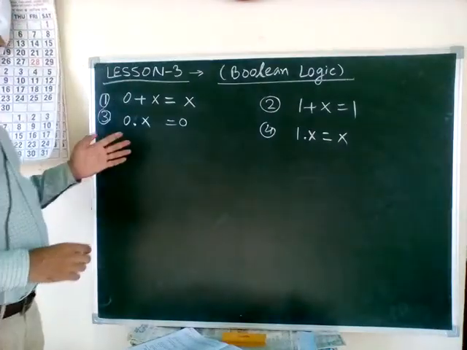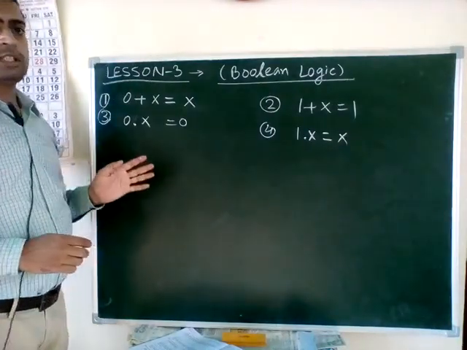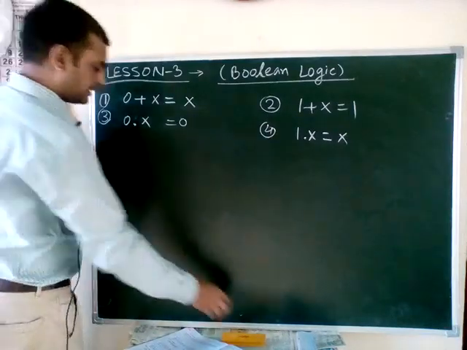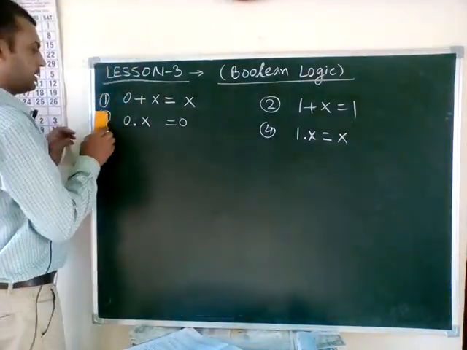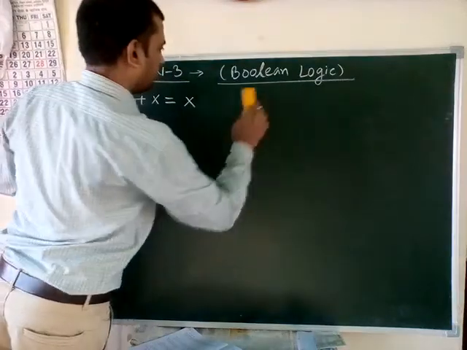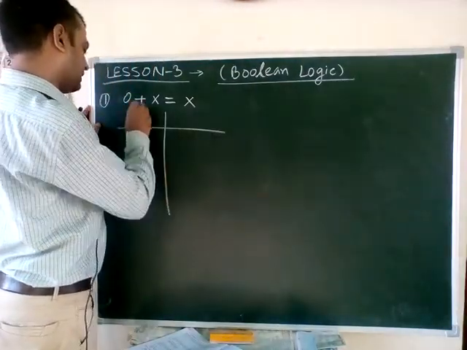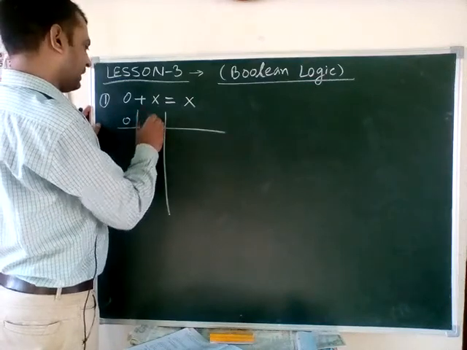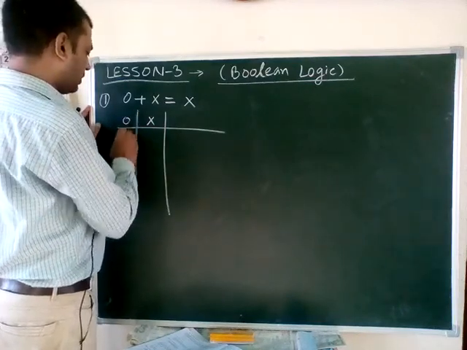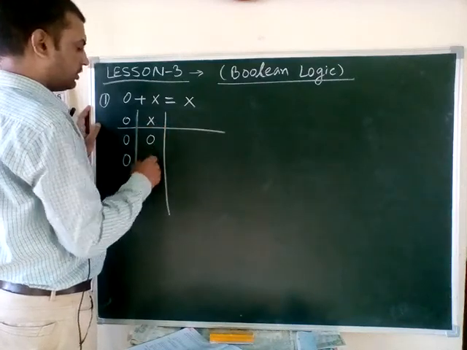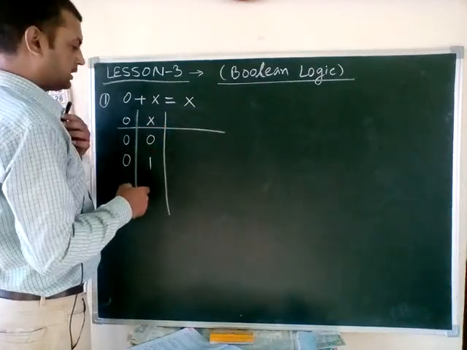Now you have to solve this with the help of truth table. You have to count the number of variables in this. Let's take an example, the first equation. In this first equation you can see that this is simply 0 and x. So 0 means always it will be 0, and x will change, so it will change 0 and 1. No other condition is there.